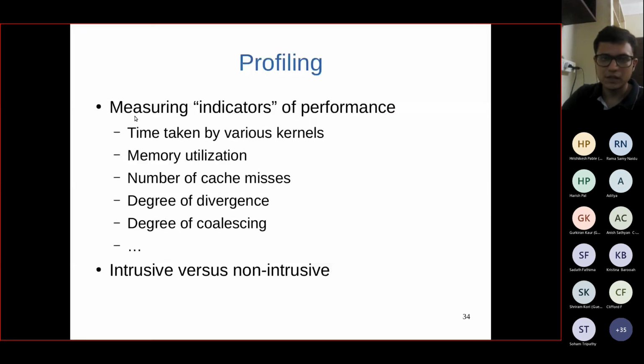Okay, so we'll briefly touch upon the profiling part. Profiling is typically useful when we want to measure the performance of our CUDA program. In order to time our kernels, you can use profiling.